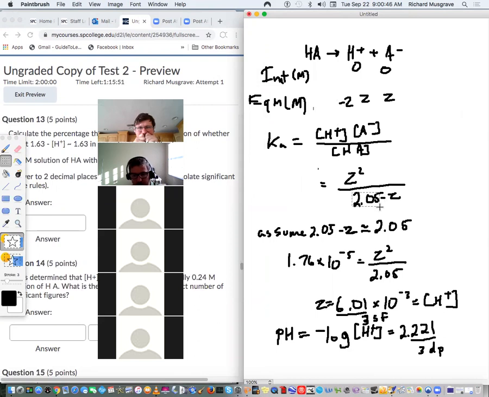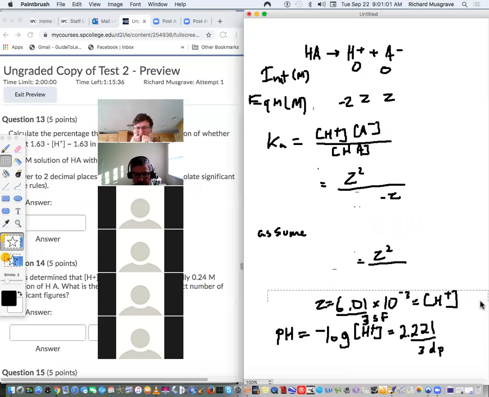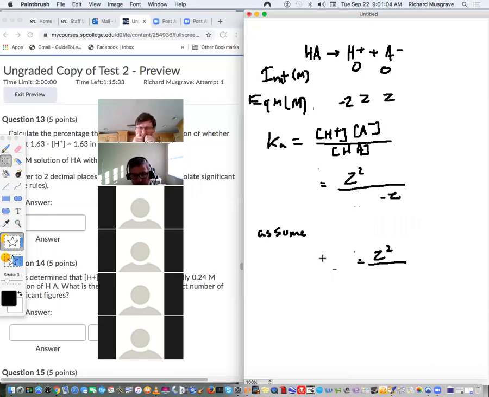Because we do have to do the whole thing here. We have to solve for z. But you'll see it's going to be the same kind of process. So I'm going to go ahead and delete all that and we'll go from here.